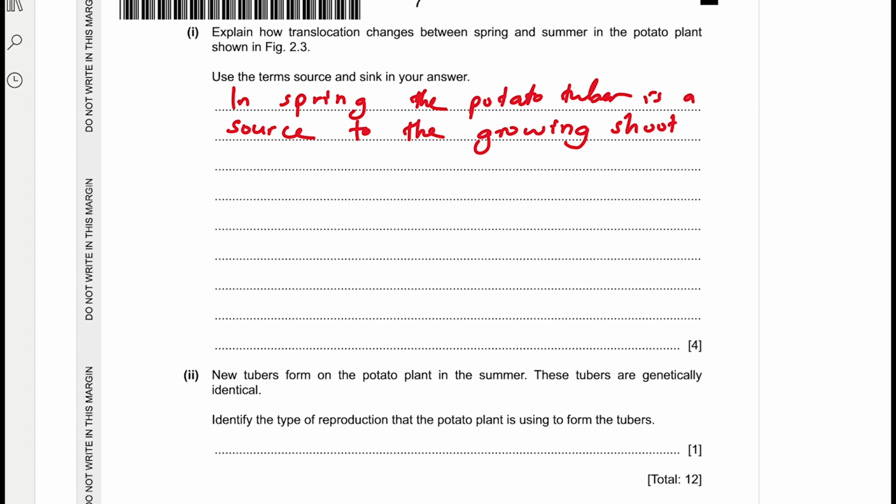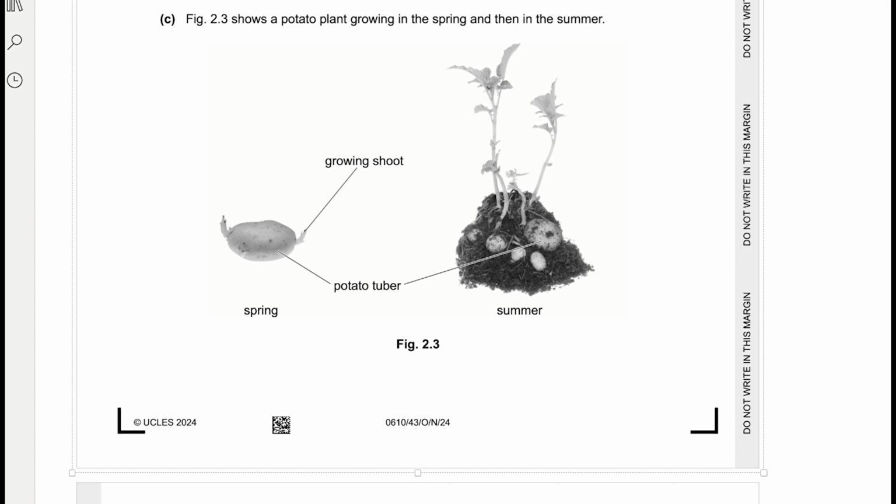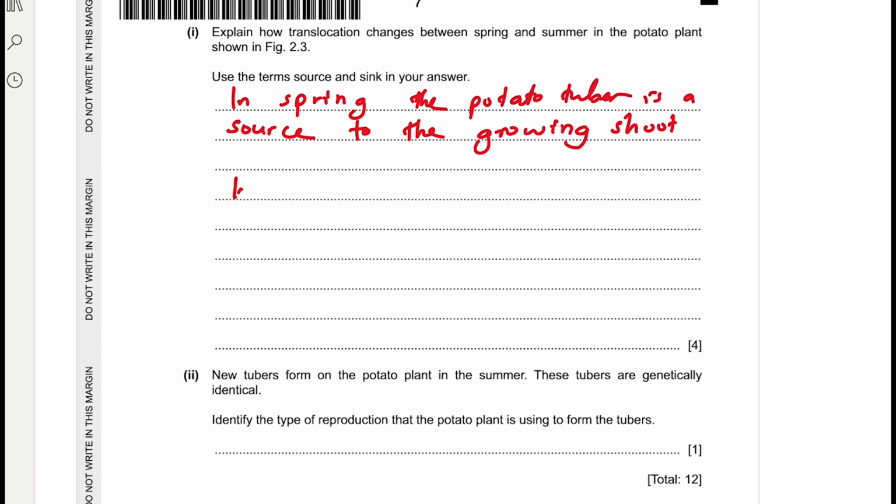But then again, we can look at what is happening in summer. Alright, in summer it means the leaves or the shoots here are the sources. They're involved in the process of photosynthesis to provide substances for the what? For the tuber. So we say that in summer, leaves are the sources, which means they photosynthesize.